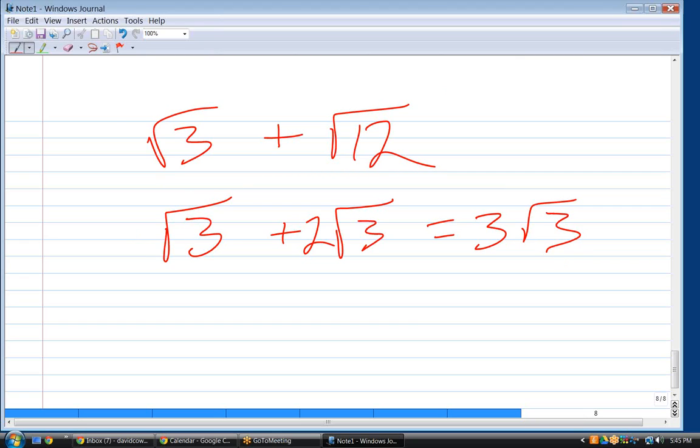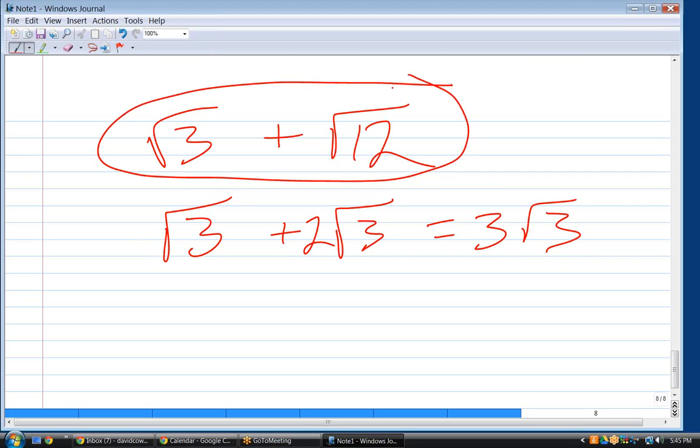So sometimes when they're different numbers, you can add them together if you can turn one into something that looks like the other. In other words, I was able to take my root 12 and turn it into 2 root 3's. Well, now I got 2 root 3's and 1 root 3 gives me 3 root 3's. In other words, I turned my oranges into apples.